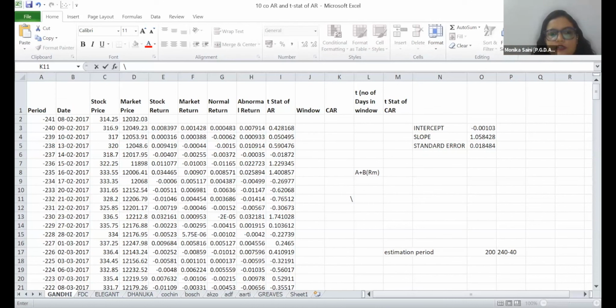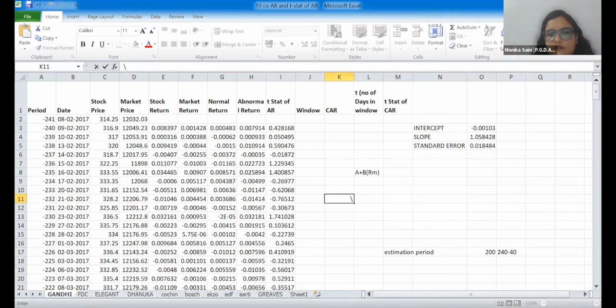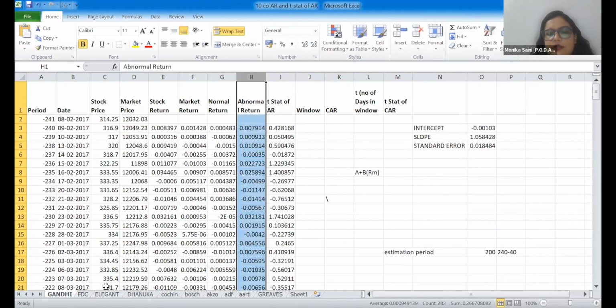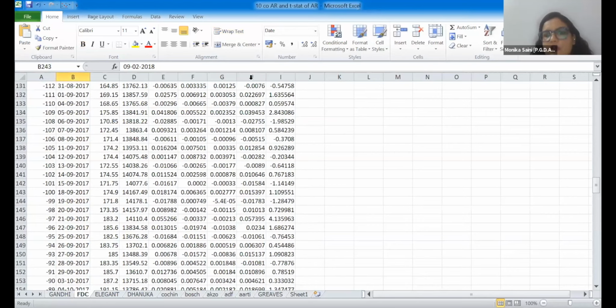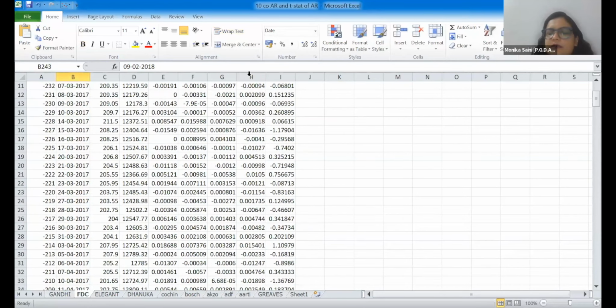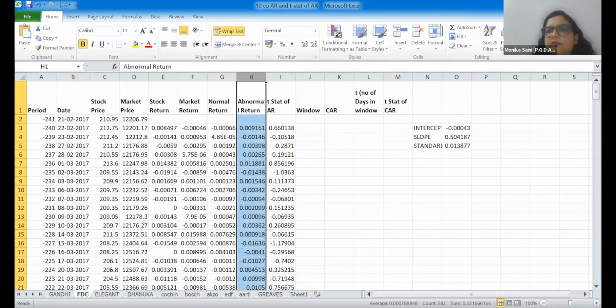These are different abnormal returns: abnormal return of company 1, abnormal return of company 2. We will be taking all these abnormal returns and then calculating the average of these. So, that's how we calculate the average abnormal return.